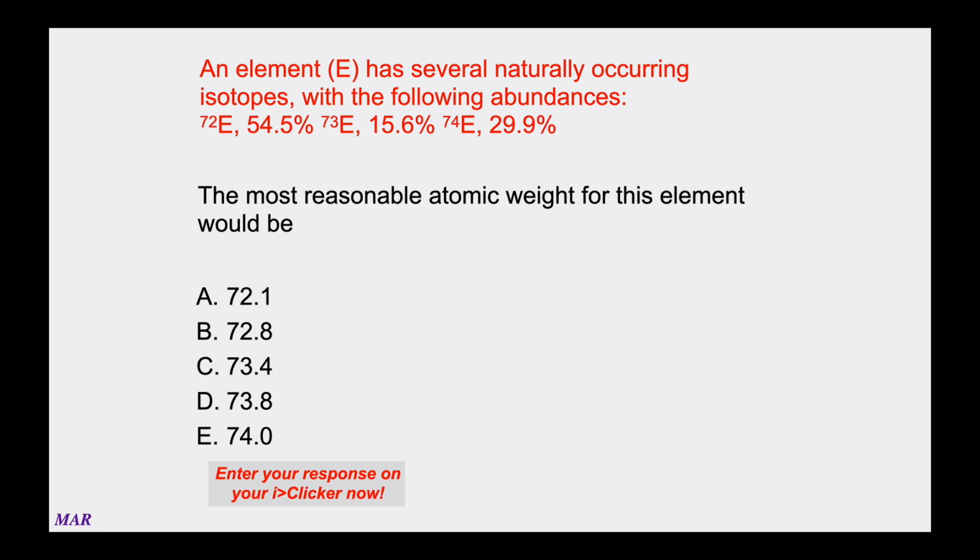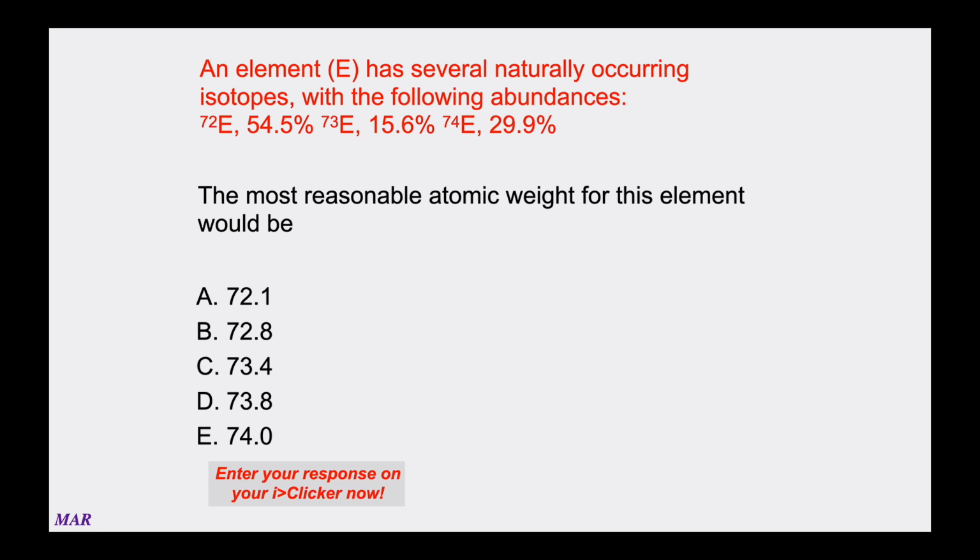And because 72 is more than half, that means that the atomic weight, the average, will be somewhat close to 72. It's not like it's 90% 72, but it is more than half. So the atomic weight, the average, will definitely sway more towards 72. But you do have an appreciable amount of both 73 and 74. It's not halfway up, but it is quite a bit.